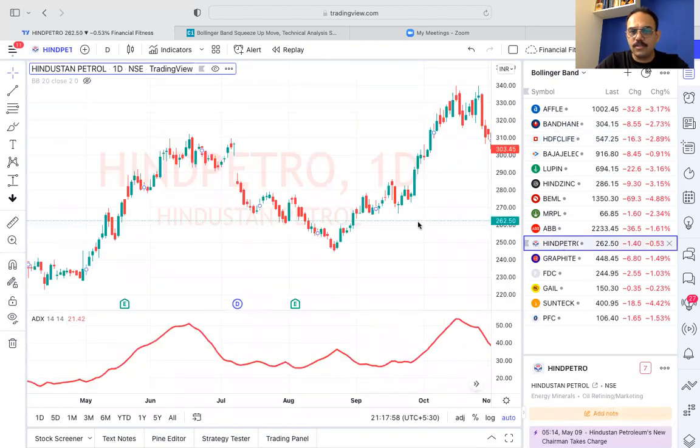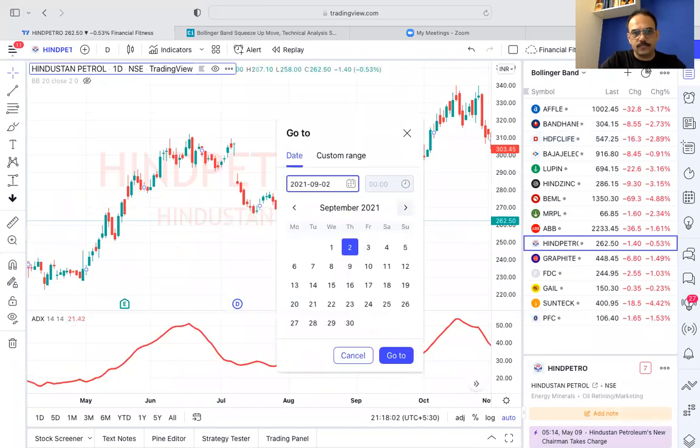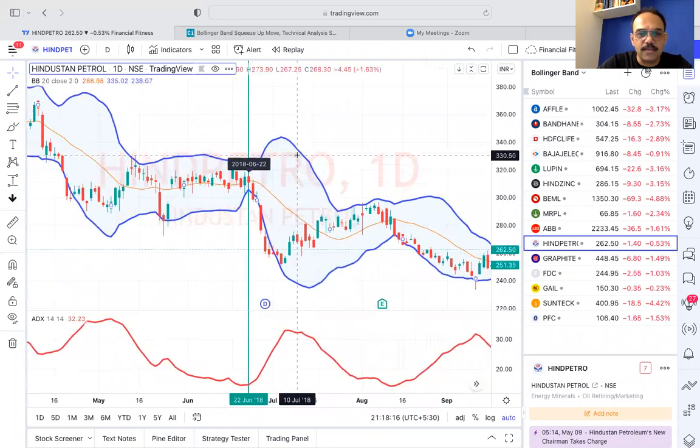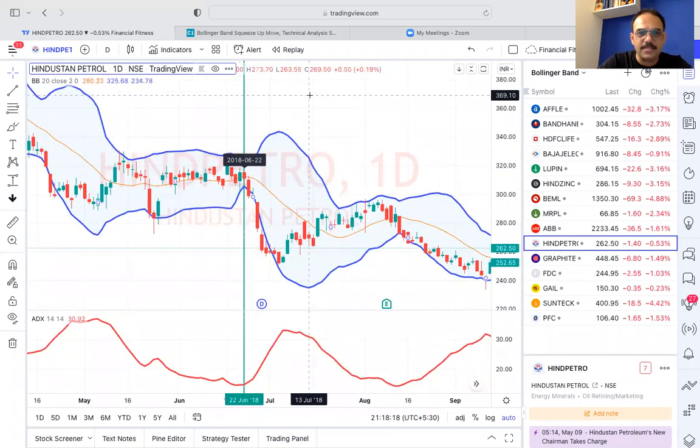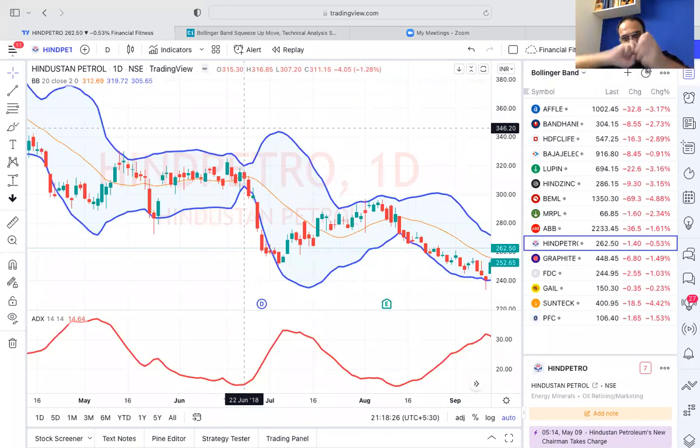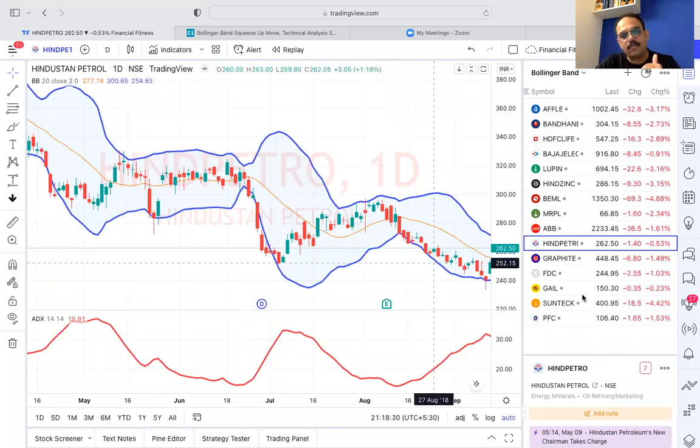I'll have to take you to the 18. You're asking for selling. Same principle. It is not necessary that it will go up only. The Bollinger Band says the coiling effect has happened. It can either go up or it can go down.